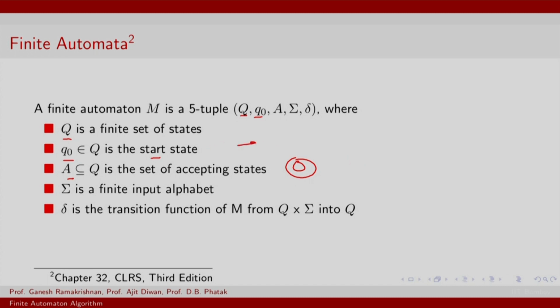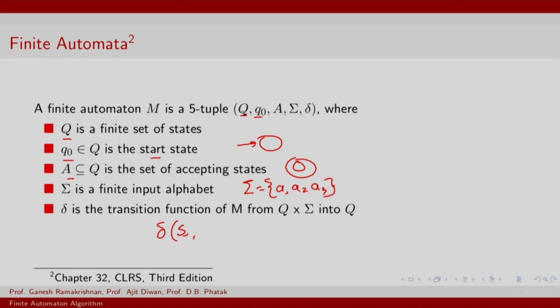The start state was denoted by an incoming arrow. Sigma is a finite input alphabet. On the previous slide our sigma was A1, A2, A3. Delta is a transition function which takes you from one state to the other.